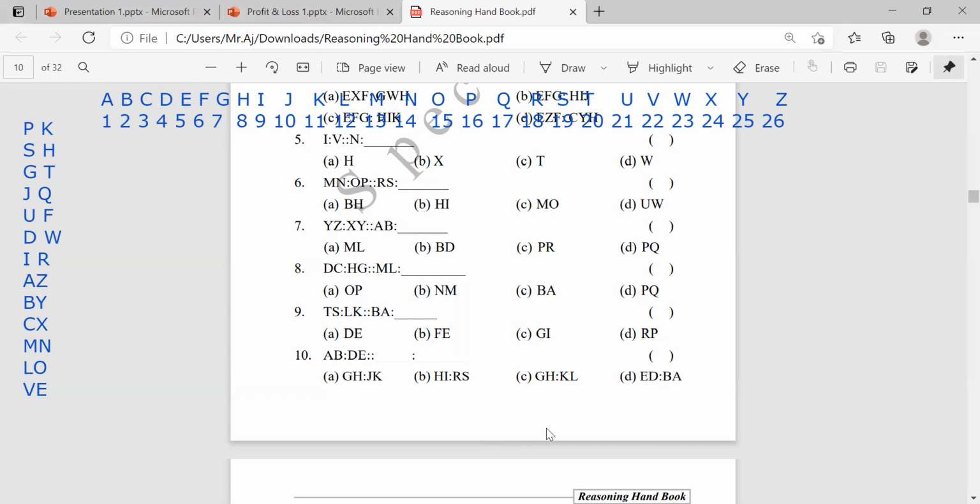Someone said ZA. 8 is QP. 7 is D. Who says 23? 7 is D. How? Seven QP. 7 QP.